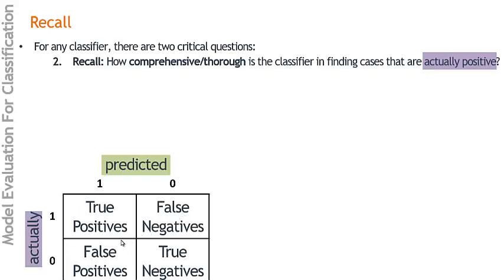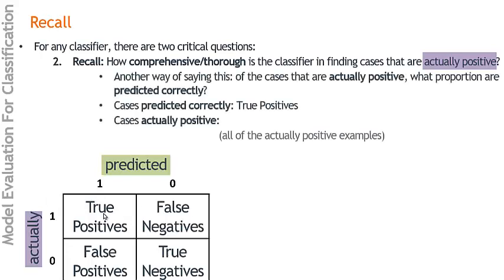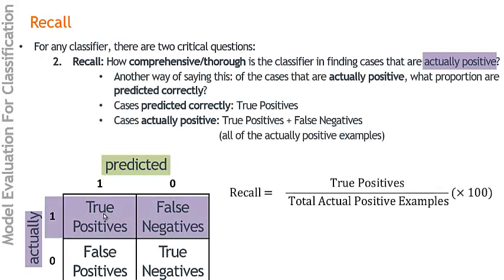Now the false negatives are the cases that have slipped through. So when we're looking at recall, we want the proportion of instances in the first row that are in the first box. So it's true positive over true positive plus false negative. Right? Okay.